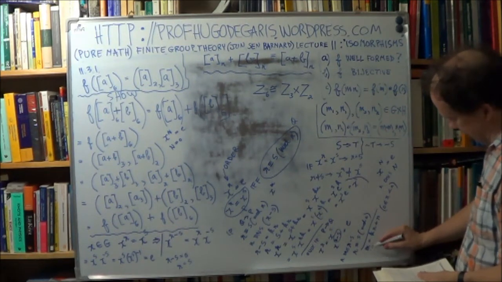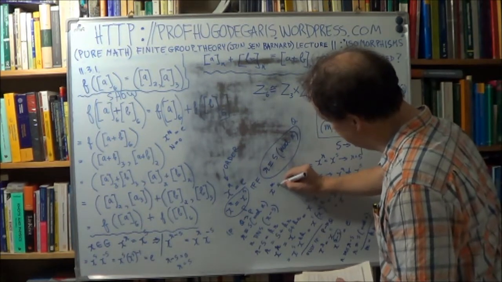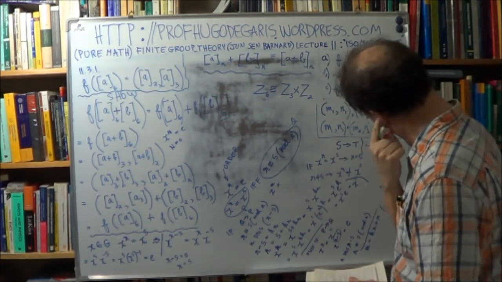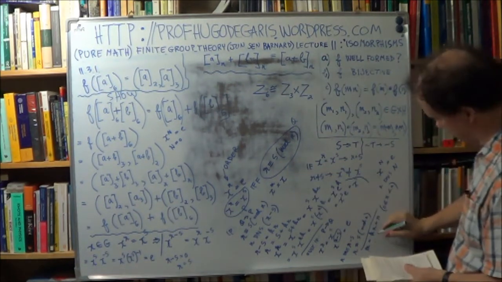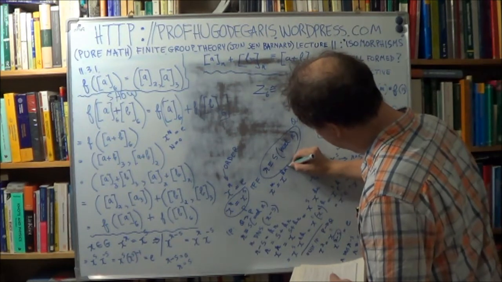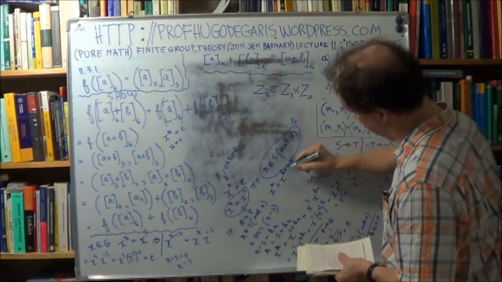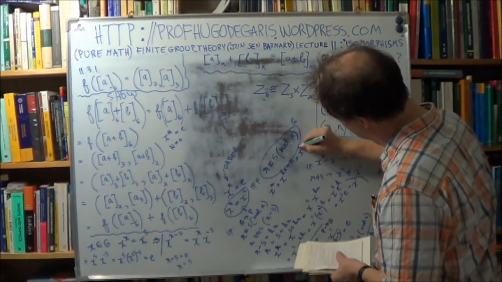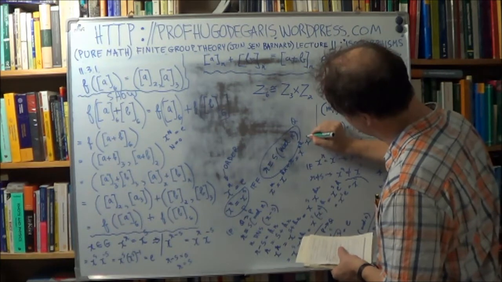So x to the m is x to the kn plus r, and that's x to the n, to the k, times x to the r. I'm skipping a few lines.